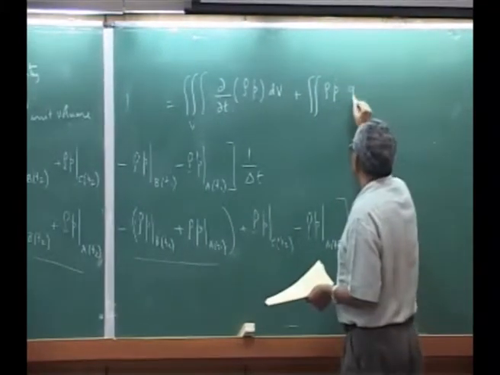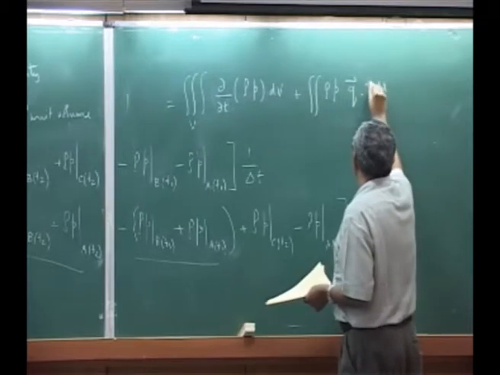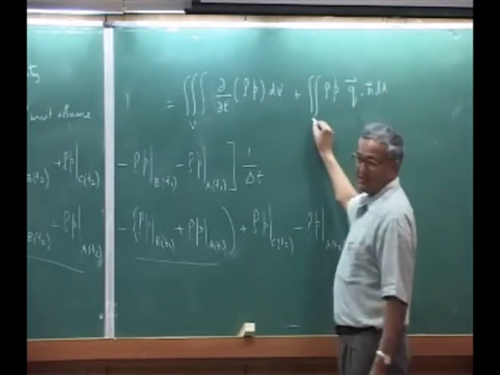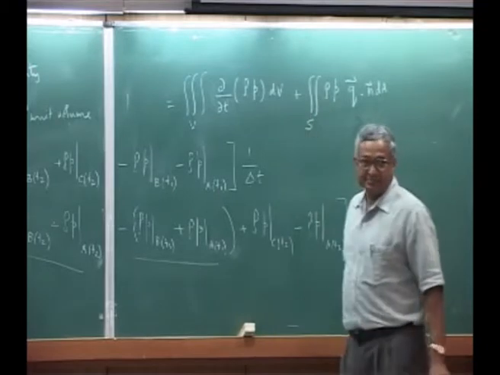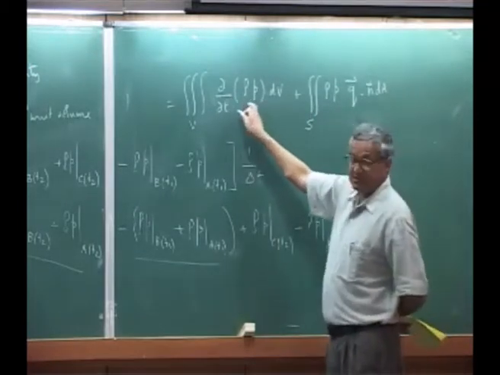I need to have Q dot N dA. This is over the surface area. But please understand, I am putting delta by delta t within that, not outside.